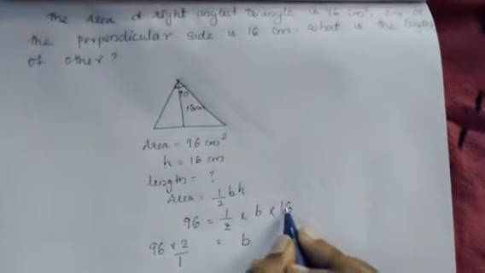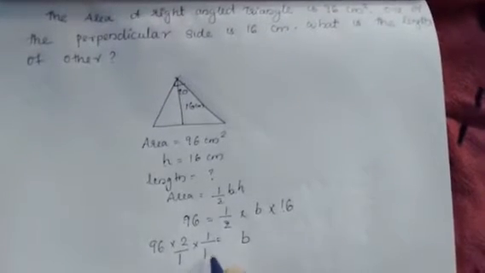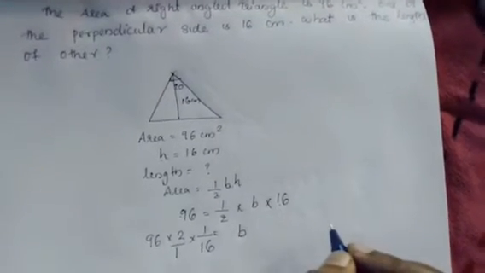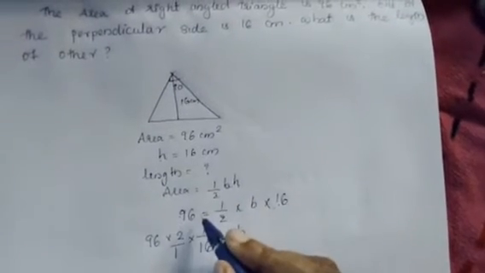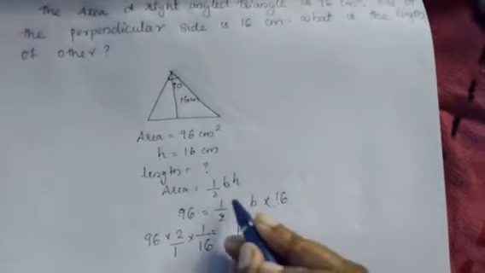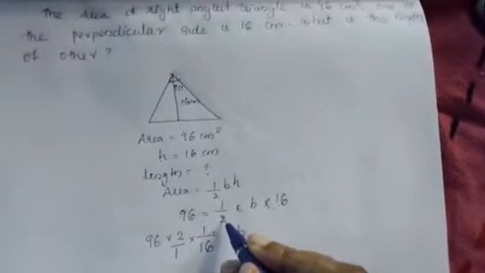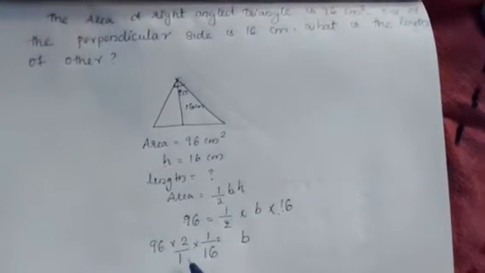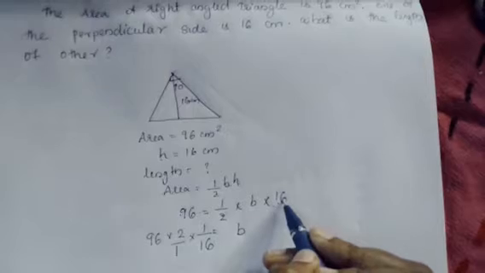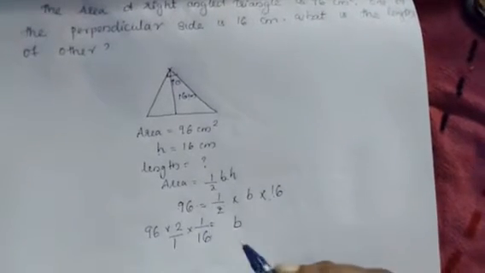And 16 changes into 1 by 16. When a number is moved to the other side, the sign should be changed, or if it is a fraction, it should be reversed. 1 by 2 is reversed into 2 by 1 and 16 is reversed into 1 by 16.